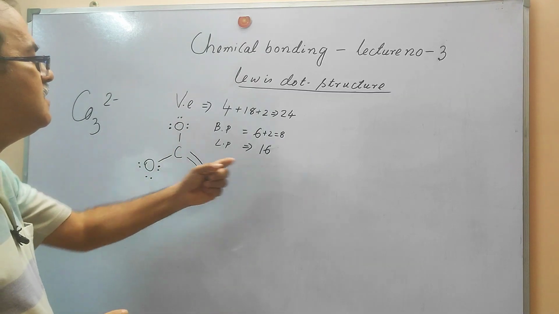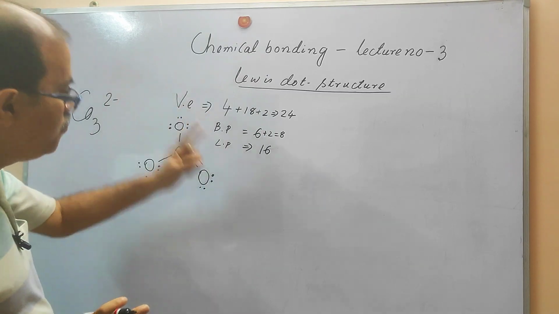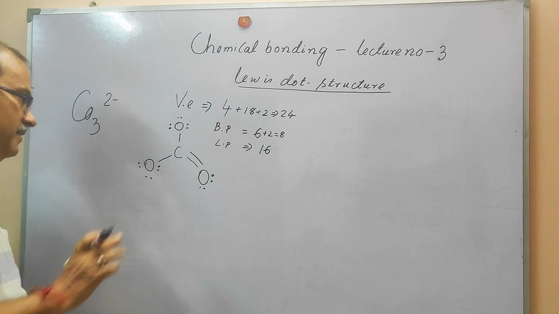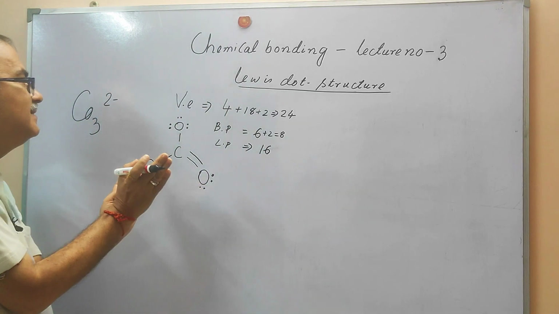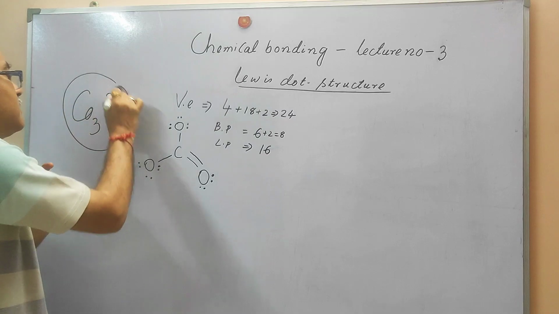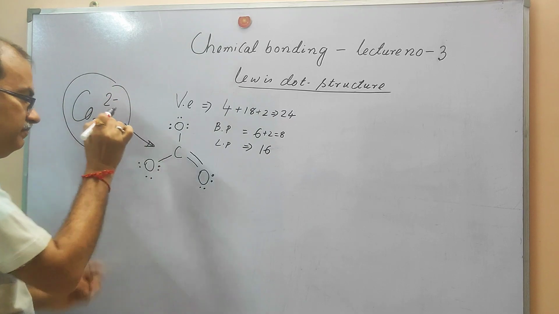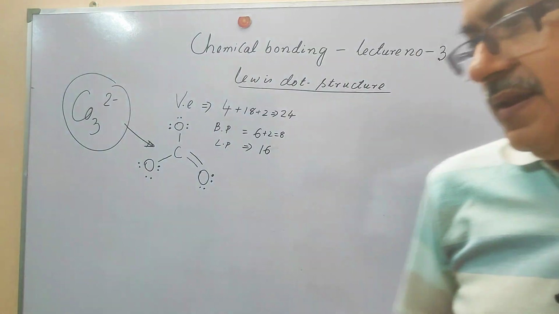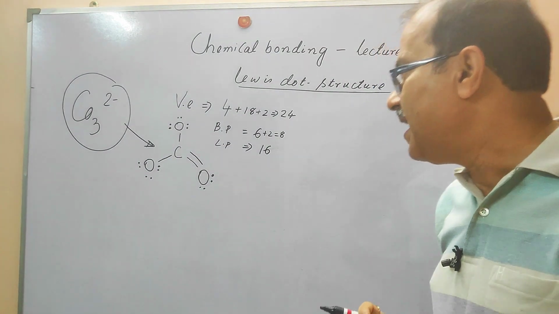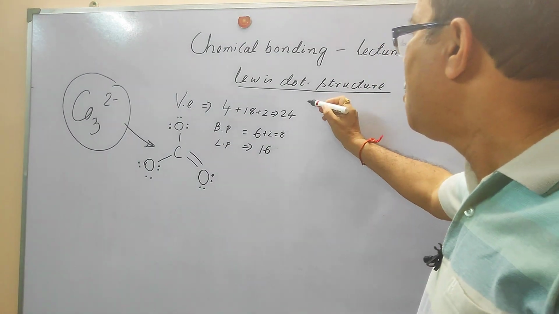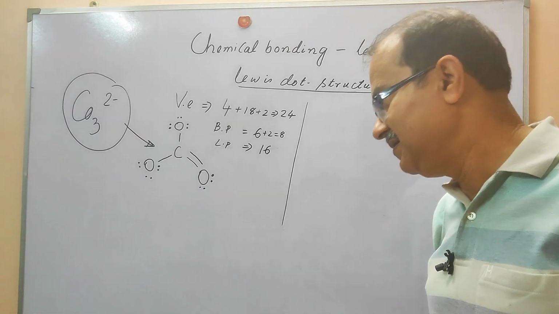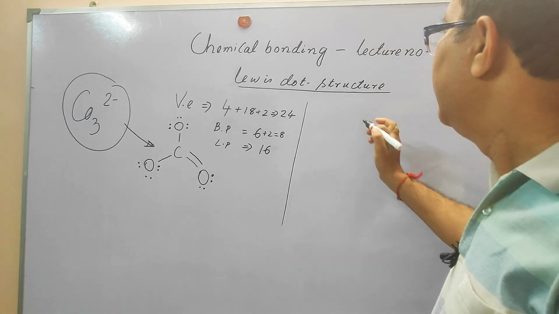So total 16 electrons have been used as lone pairs and 8 electrons used as bond pairs, and in this process we find the carbonate ion's Lewis structure is this. Okay, very simple, that we can understand how we can draw the Lewis dot structure of anything.